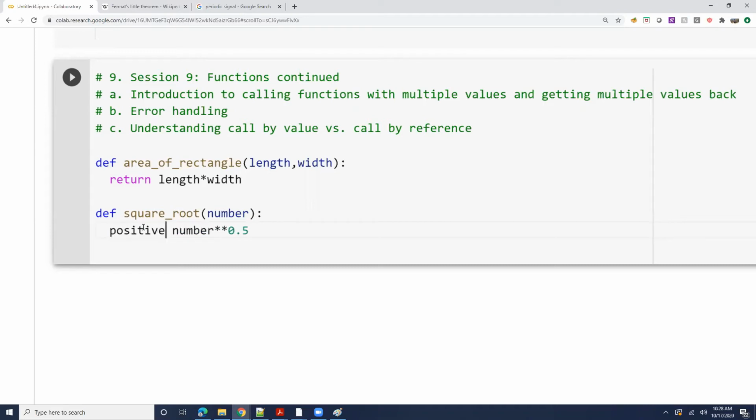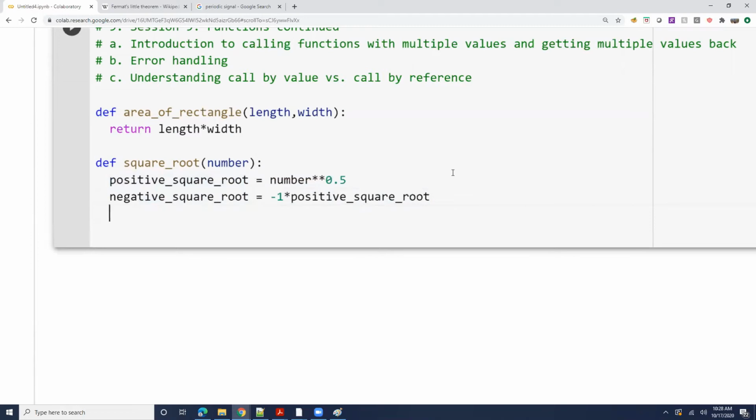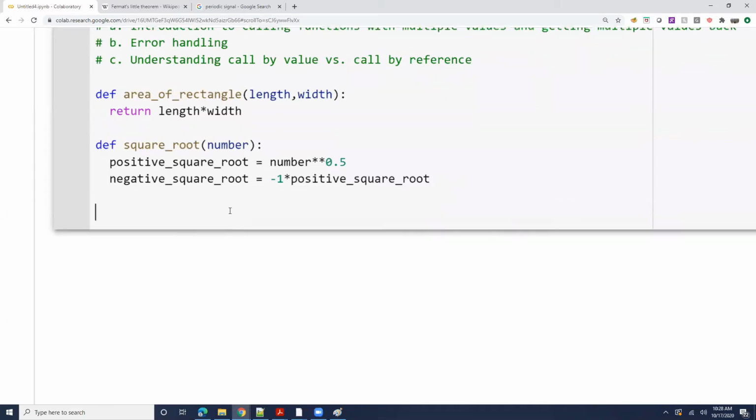So I could say positive square root equals this, and then negative square root equals this. This is fine. Now I can calculate the positive square root and the negative square root. Absolutely. So now I want to return two values. How do I do that?